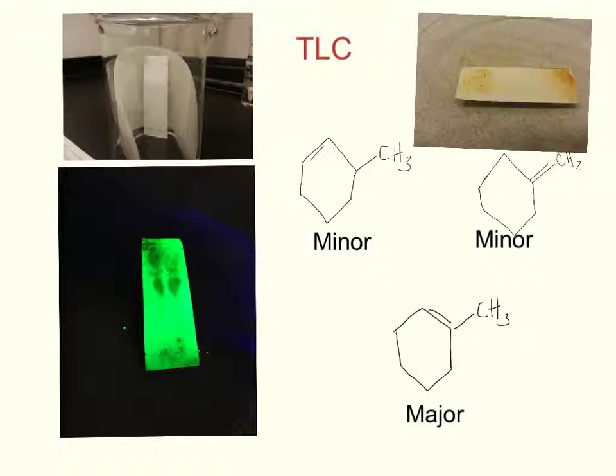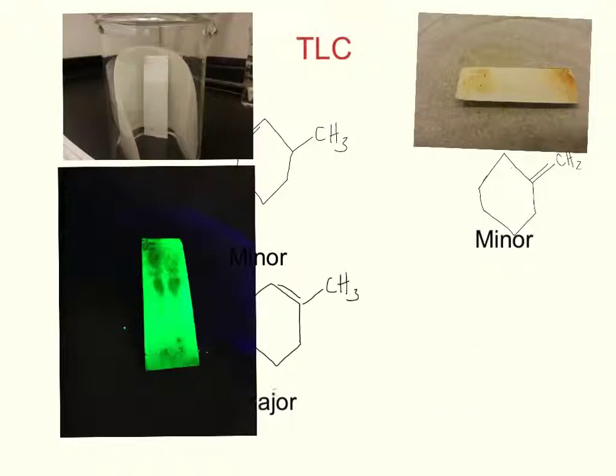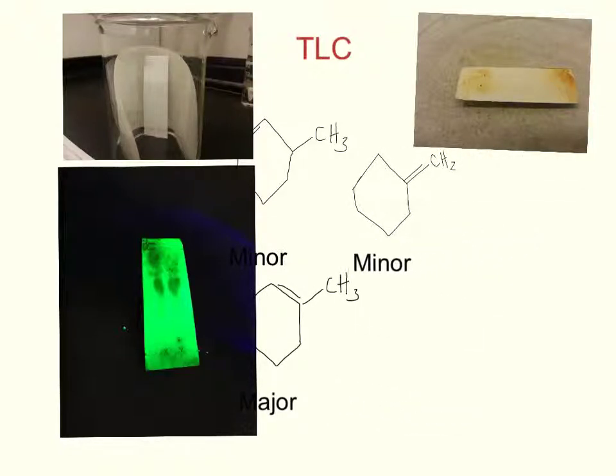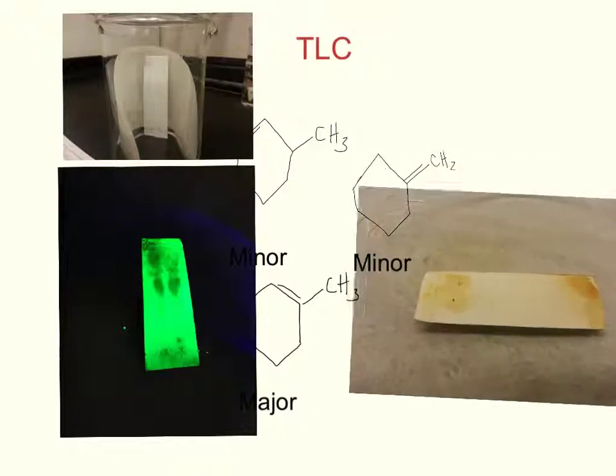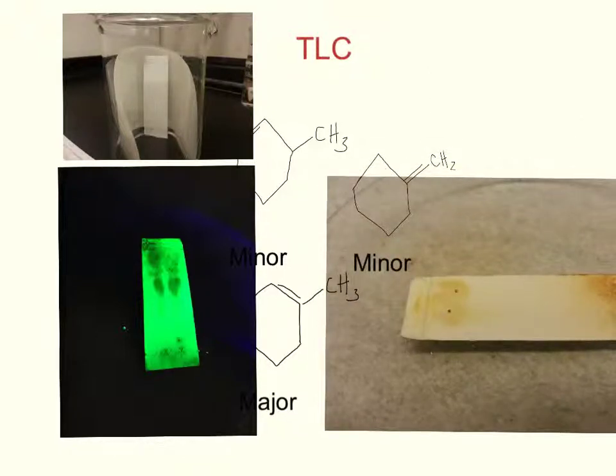Here are my results, which do not correlate to what the theory says. I only got 2 dots, which is not what we expected, since there were 3 possible products.